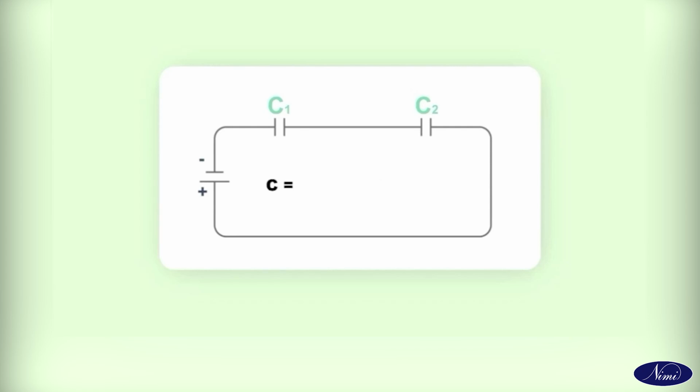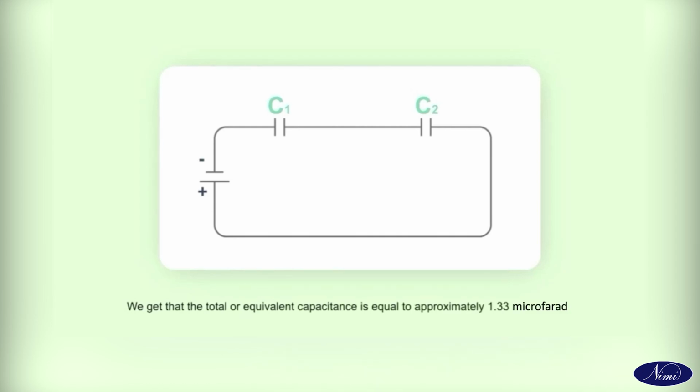C is equal to 1 divided by (1 divided by 2 plus 1 divided by 4). We get the total or equivalent capacitance as approximately 1.33 microfarads.